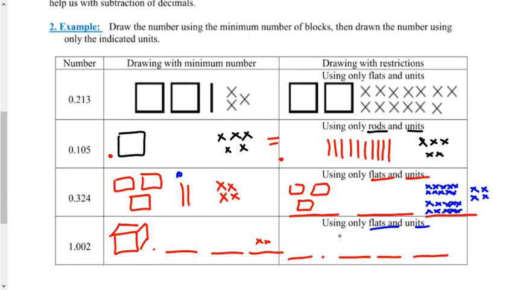So we've got 1, 2, 3, 4, 5, 6, 7, 8, 9, 10. There we go. So we have 10 flats. We have nothing left over here in the rods, and then units we just have 2. Done.